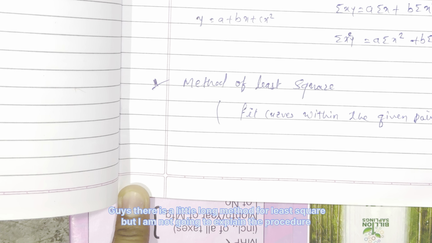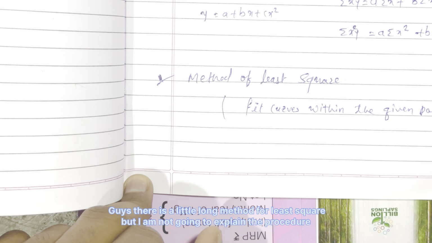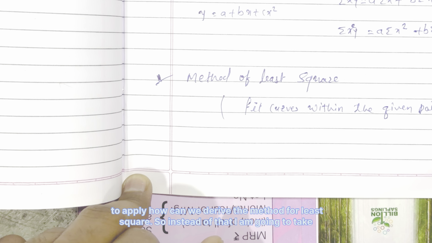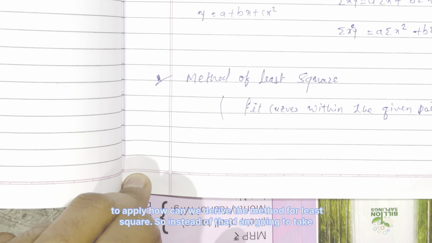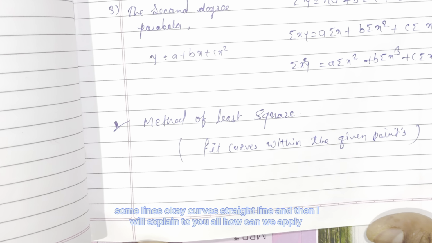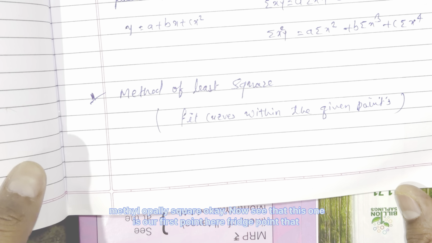Guys, there is a rather long derivation for the method of least squares, but I'm not going to explain how to derive it. Instead, I'm going to take some lines and curves, such as a straight line, and explain how we can apply the method of least squares.